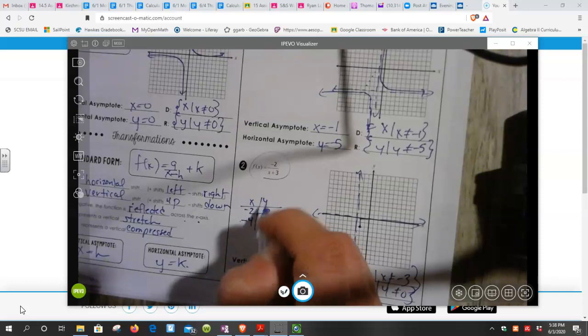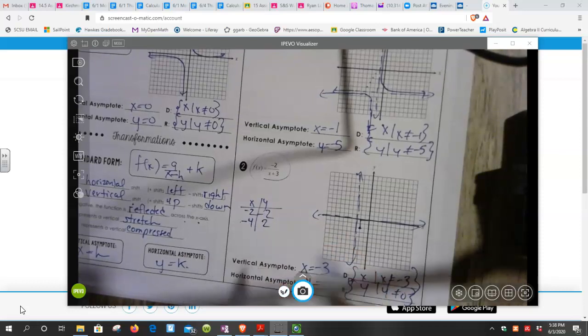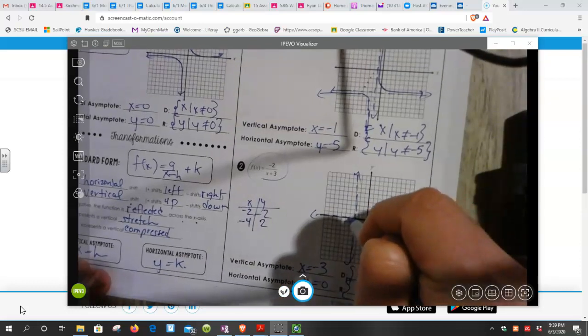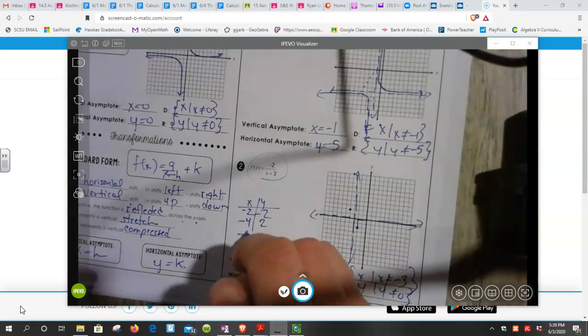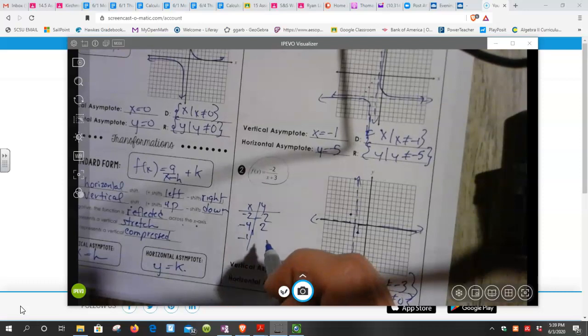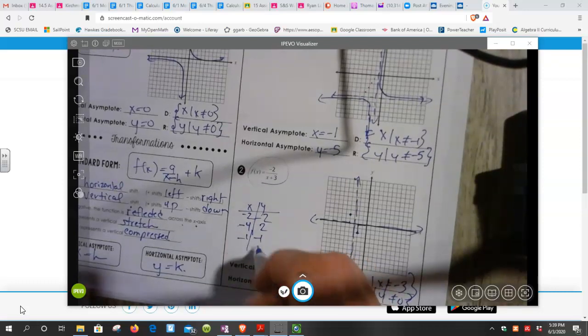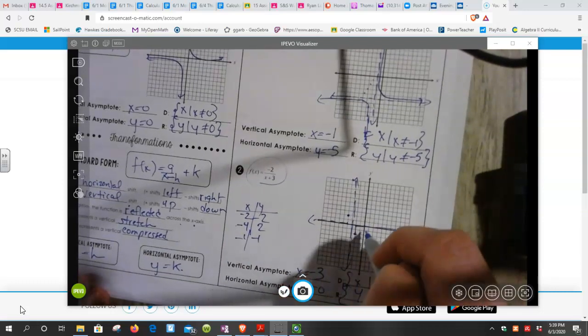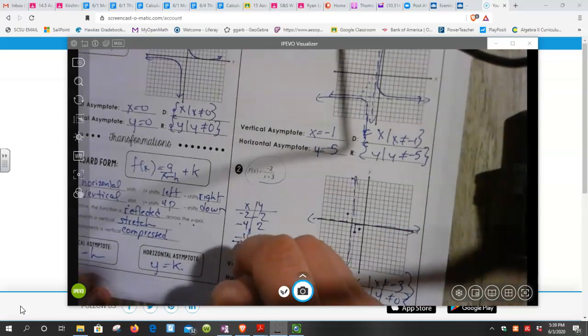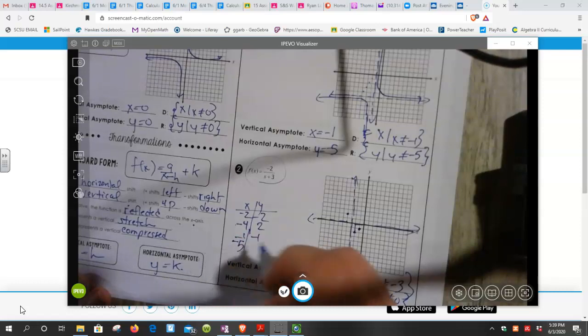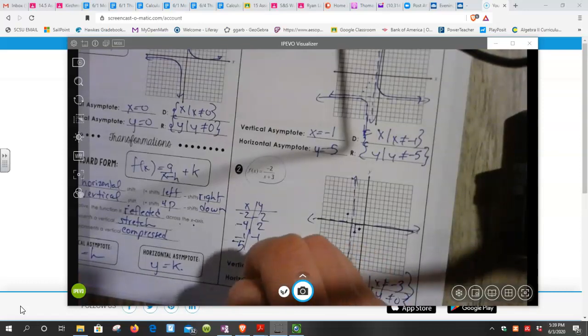Put -4 in there, that'll be positive 2. So you see a little symmetry brewing up there, so try -1. If I have -1 in there, I'm going to get -1. And if I put -5 in there, that'll be -2 over -2, so that'll be 1.